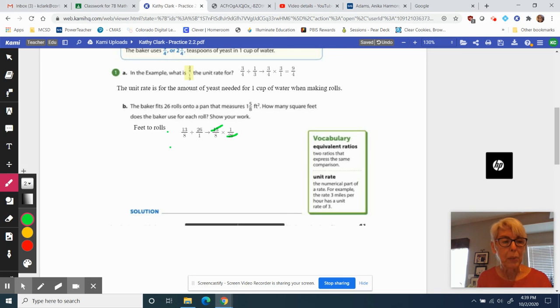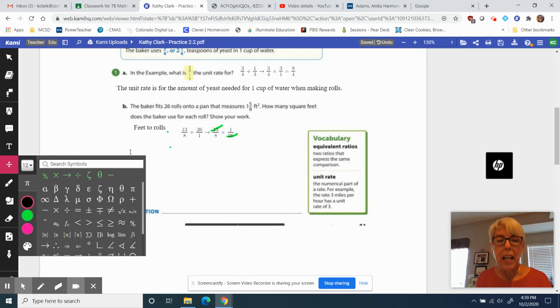That just helps me remember what it is I want to do. So I'm dividing 13 divided by 13, and that leaves just 1. And 26 divided by 13, you can use your calculator for that. I know that 26 divided by 13 is 2.